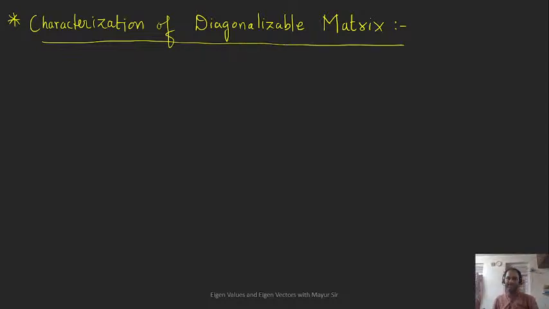Now see, whenever we have some matrix which is diagonalizable or something similar to this, it has a certain feature. What is that certain feature? We have to see it all the time, and this feature is nothing but the feature of algebraic multiplicity and geometric multiplicity.